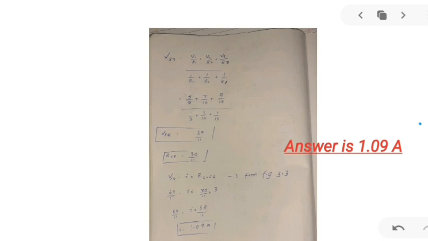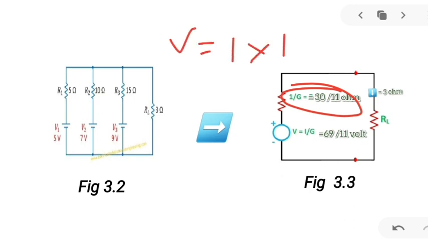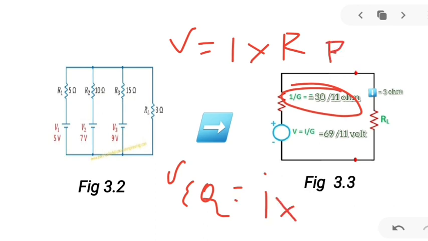But keep in mind, friends, that here V equivalent equals I into R, where R means R equivalent plus RL. Don't forget to do this.